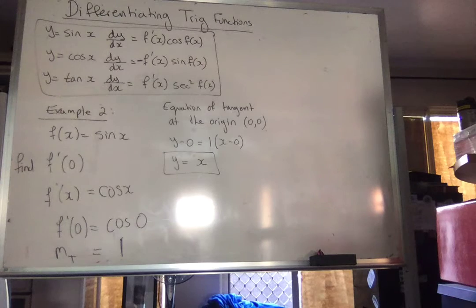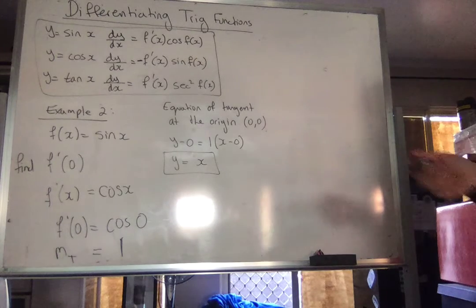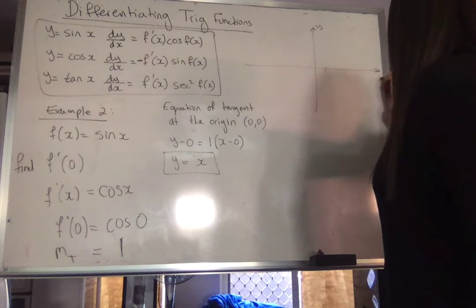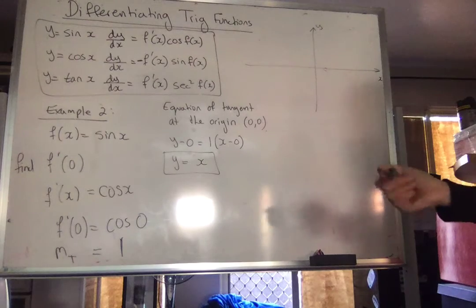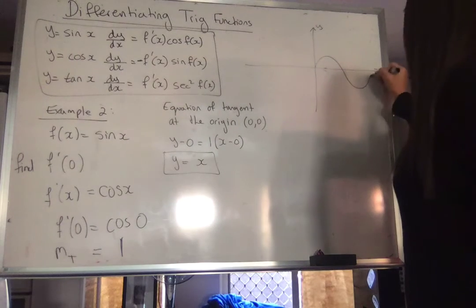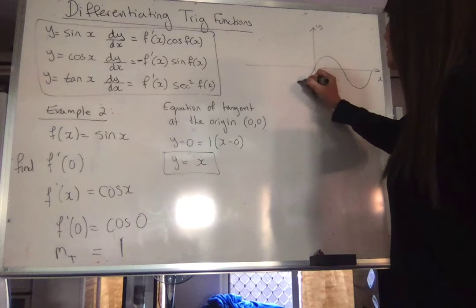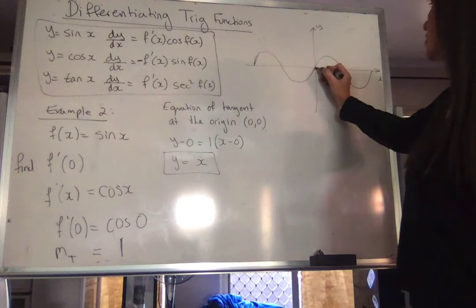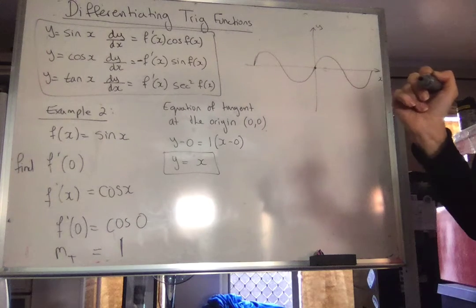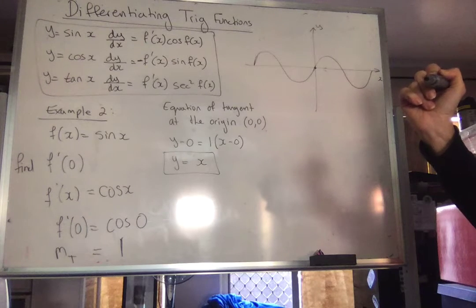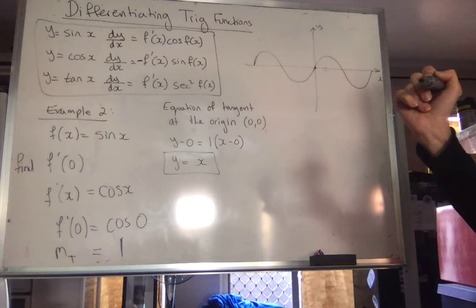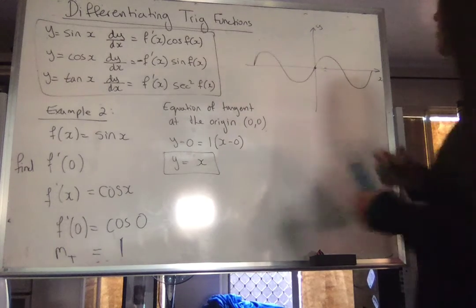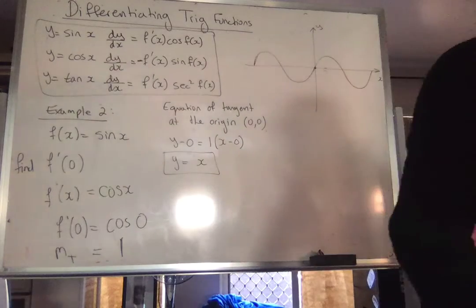This is an important result because the question is asking you to graph the function y equals sine x. So y equals sine x, I'm going to go up from here, okay, so there's 1, 0. Okay, so what's happening here? Let's have a look. I have the tangent y equals x. So this, you need a different color. Let's go with red.